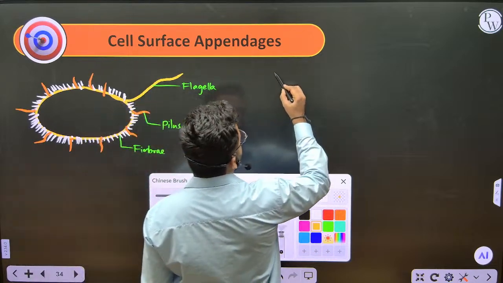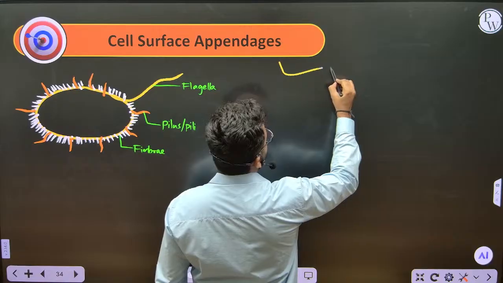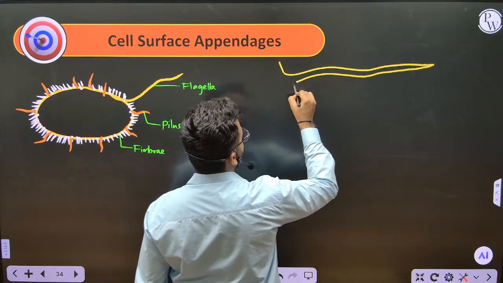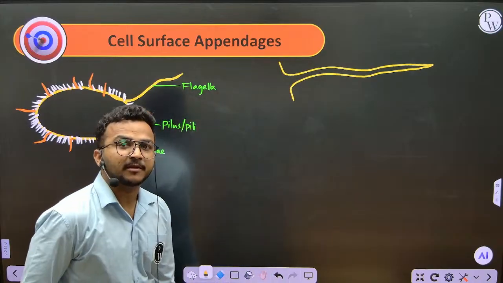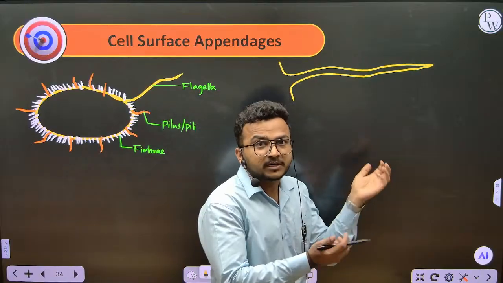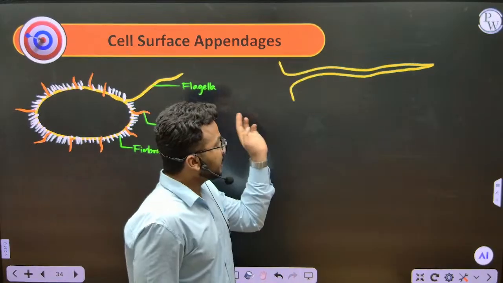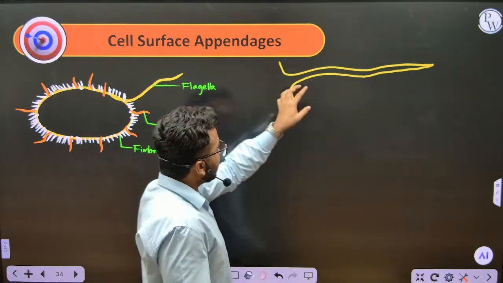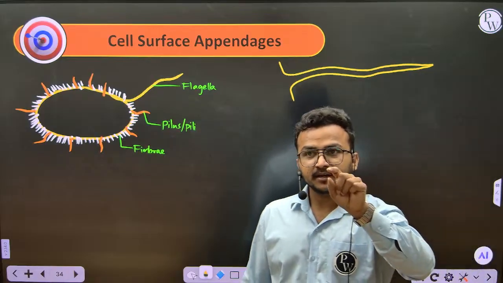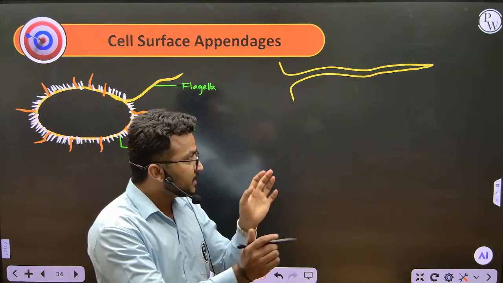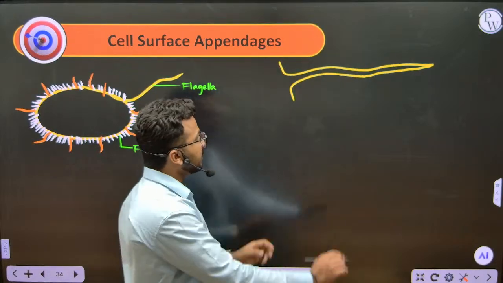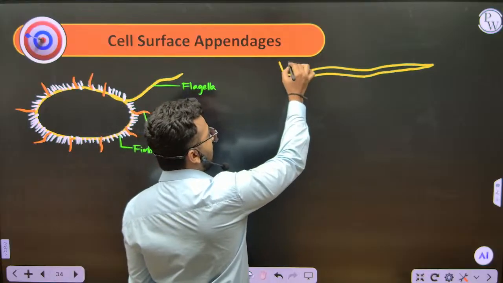If you see the flagella, that is the extension of the cell membrane. The extension means it is not towards the cytoplasm inner side. It is an outward extension, and in NCERT they have given that flagella is the structure which comes from the cell wall.